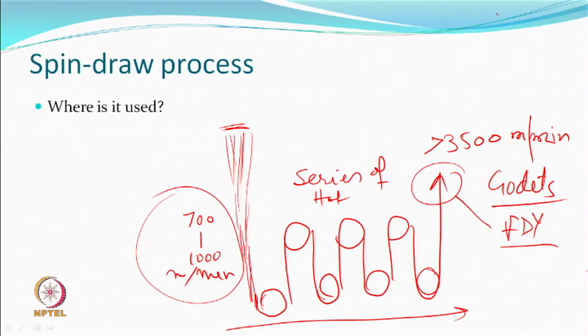POY we do not want to use, right, otherwise it is a combined POY machine with this. POY has to be drawn and therefore a spin draw process. So, for the first time you have a process called spin draw texturing.